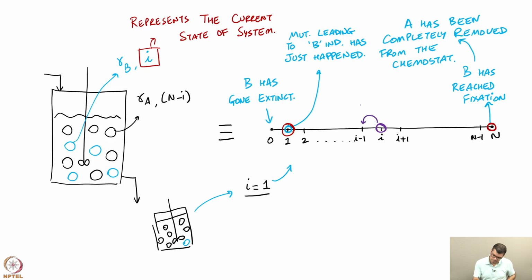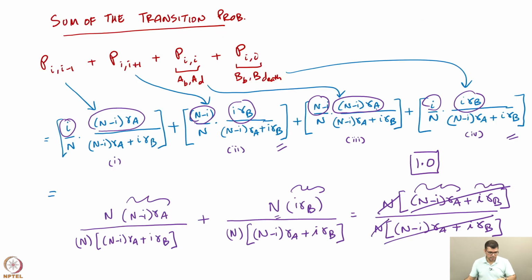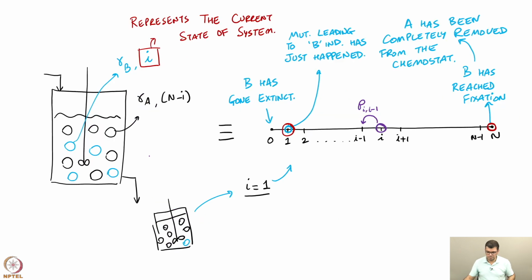This happens with probability p I to I minus 1, and the numbers for this probability are something we calculated on the previous slide. We have those numbers already. So, if I know I and if I know the relative growth rates, then I know this transition probability exactly. Alternatively, the system can also transition to I plus 1, which is given by this transition probability p of I to I plus 1.